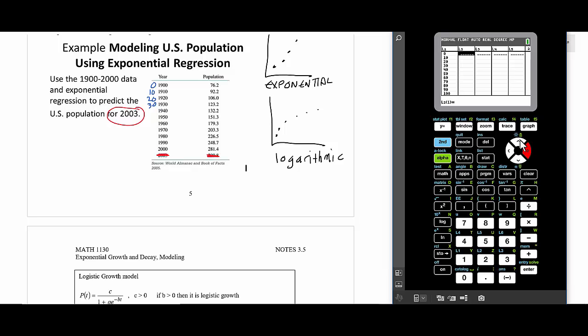Then what you want to do is put the population in, and this is probably in millions, if this is U.S. population. So you just put the data in. You do 76.2, and let's see, then we got 92.2 and so forth. So go ahead and get all that put in.